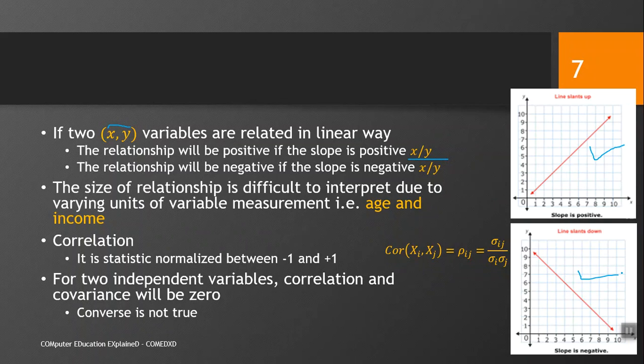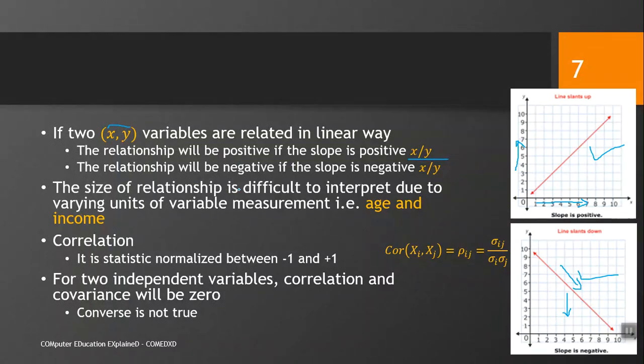So you must be able to understand what a positive relationship and what a negative relationship is. For example, here we can say that with the increase in age, the salary is increasing, so it is a positive relationship. And here with the increase in age, the salary is decreasing. This is a negative relationship.